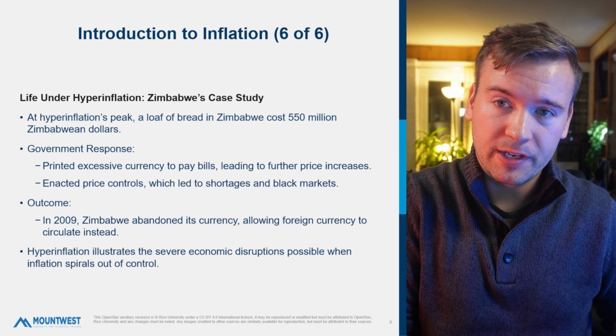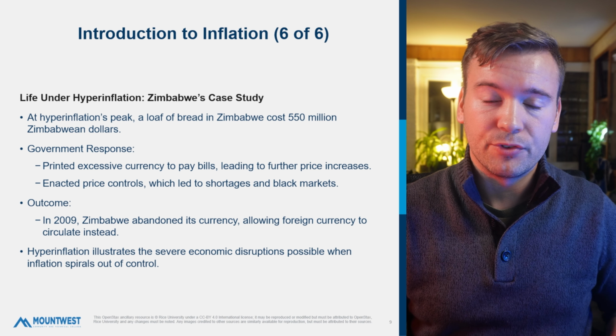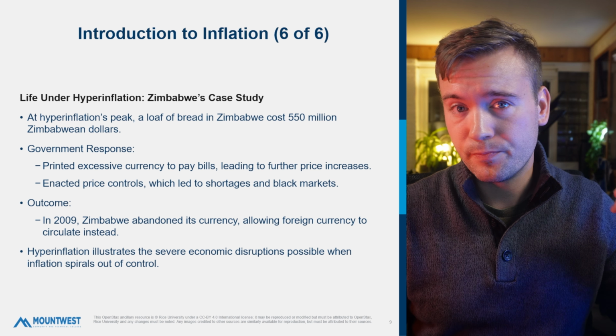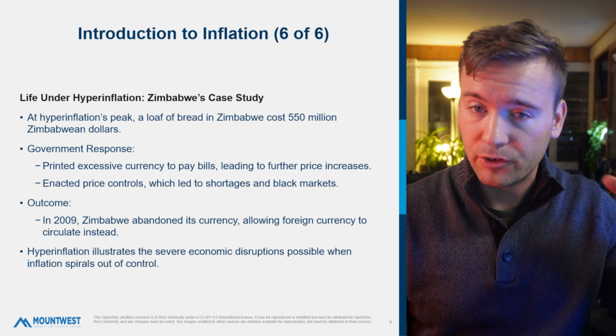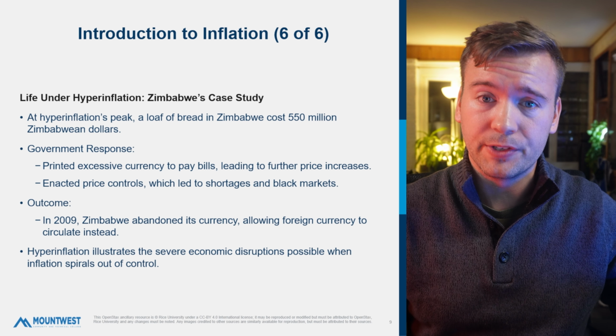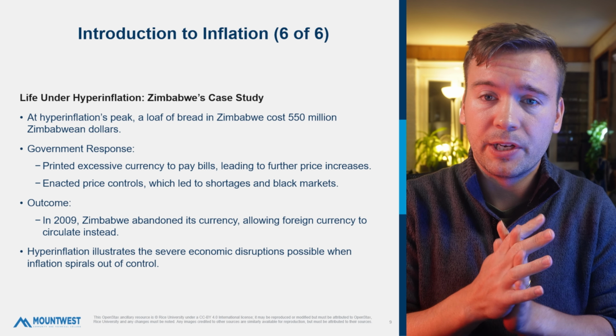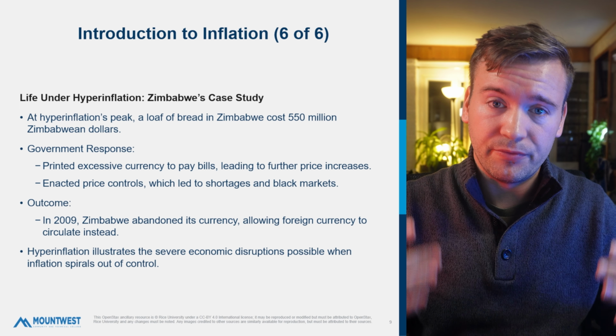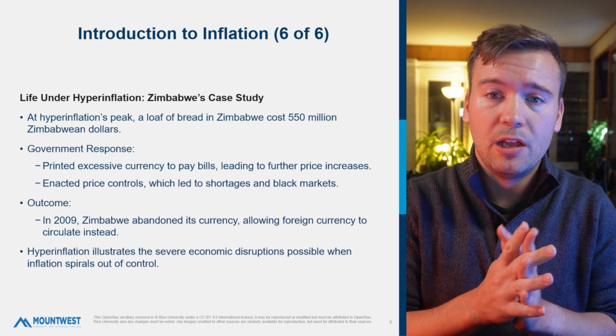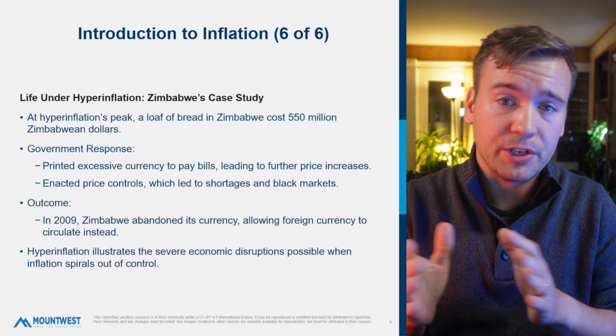Ultimately, in 2009, they had to abandon their currency entirely and started allowing foreign currency to circulate instead. So their government was unable to manage its own currency. They are reliant on the currency of other countries. Hyperinflation is a pretty clear example of what happens during severe economic disruptions and how that can occur when inflation starts to get out of control. It really does have serious effects on the well-being of a nation.